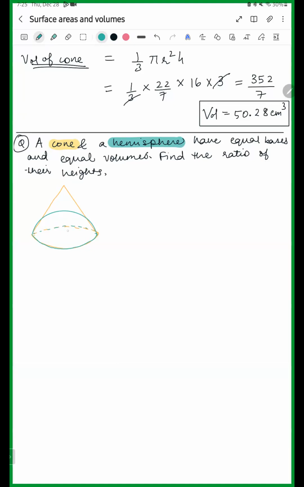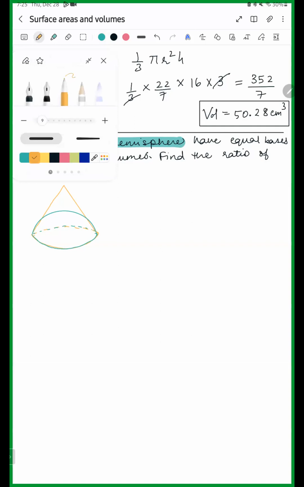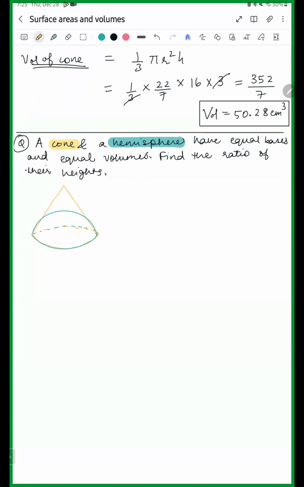So they have the same radii, the same bases, and equal volumes. So volume of cone is equal to volume of hemisphere.